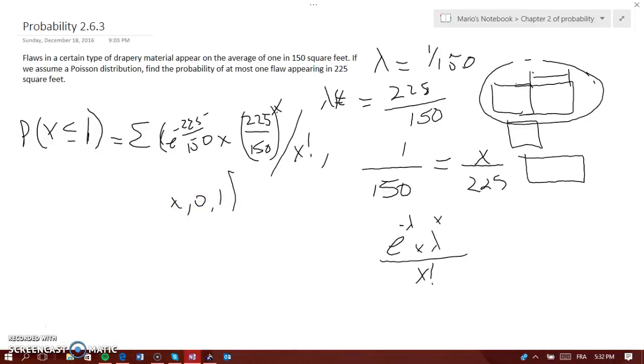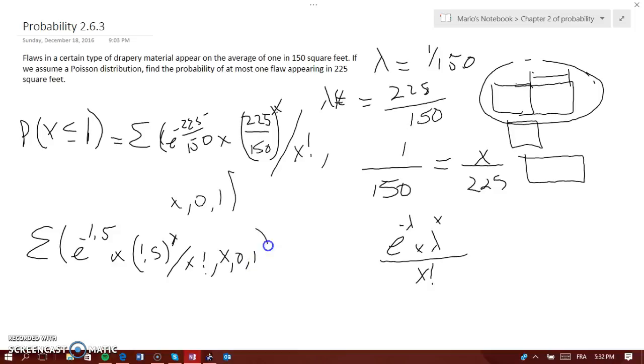Now, if your calculator does not like when you type it like this, you could type it as summation, e to the negative 1.5 times 1.5 to the power of x over x factorial, comma x, comma 0, comma 1.